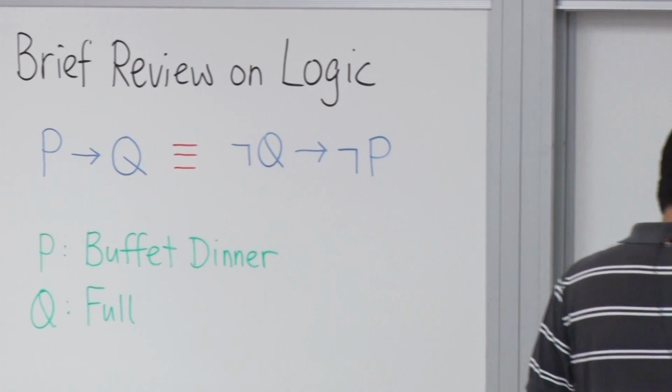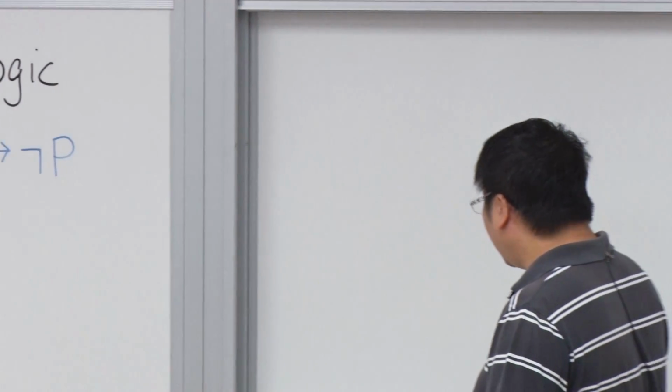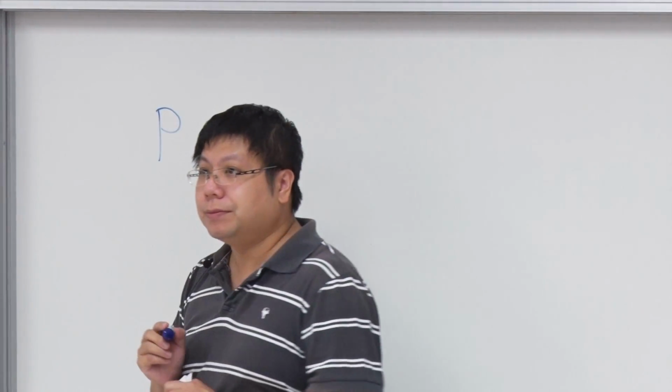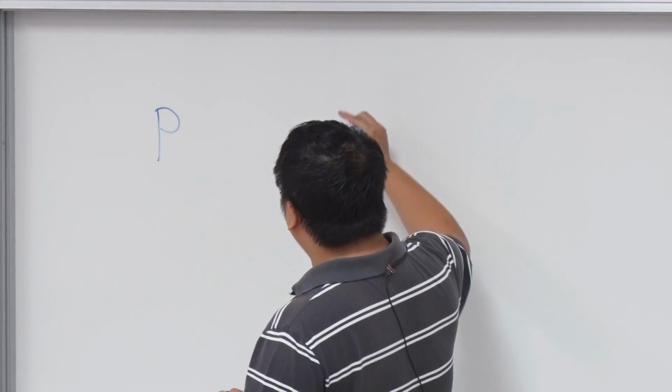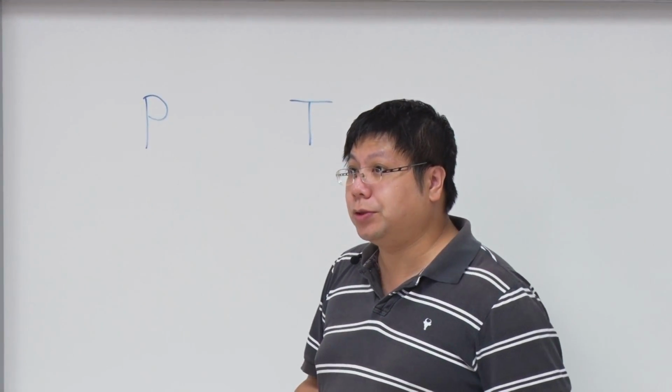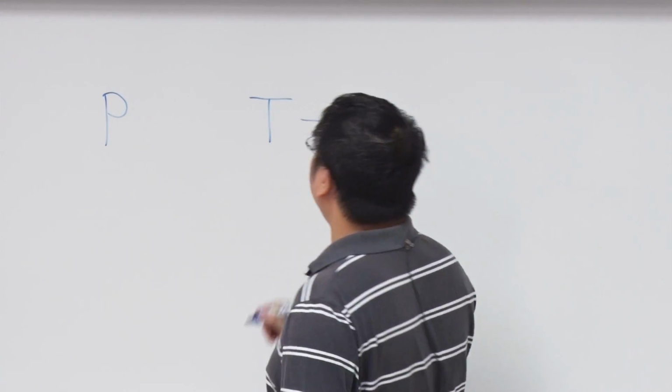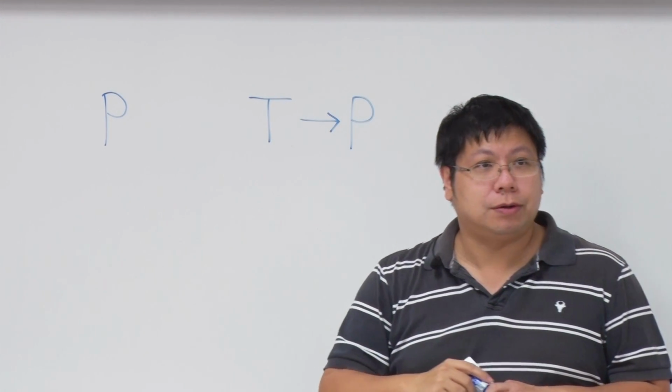So what are we going to do? Again, suppose that we have a statement P. Let T represent something always true. Then T implies P will be a new proposition.